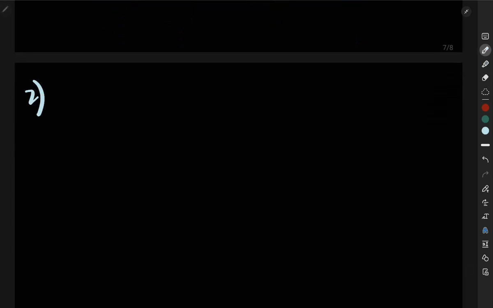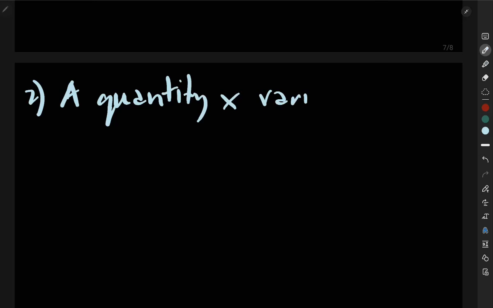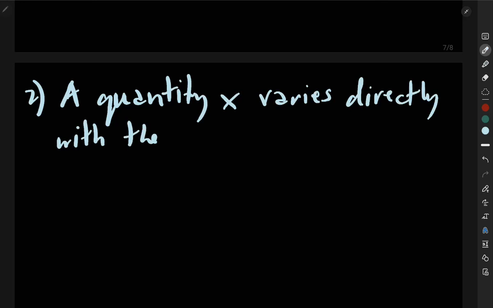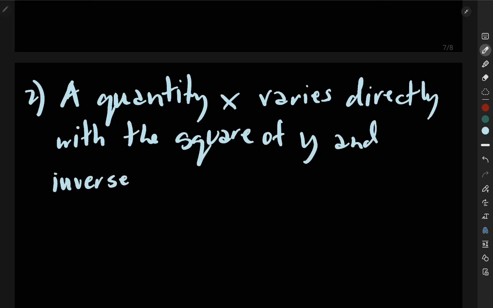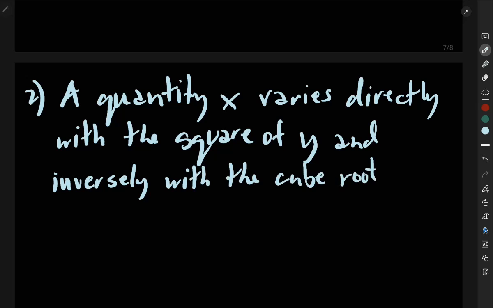So number 2, a quantity X varies directly with the square of Y and inversely with the cube root of Z.